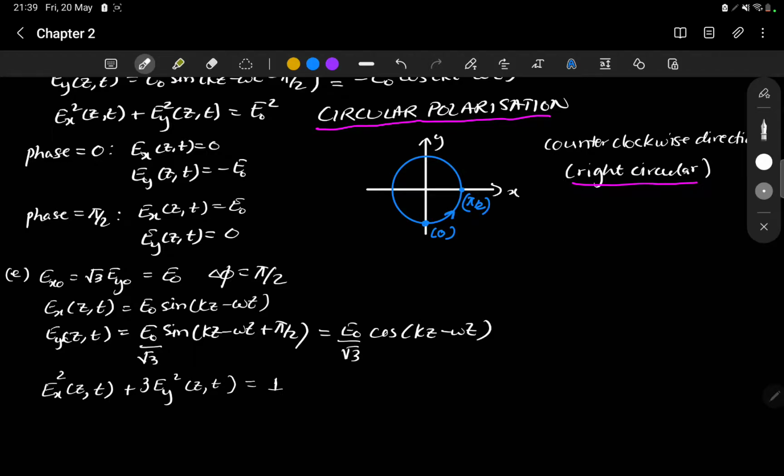Now this is the equation of an ellipse. We can rewrite it as follows.